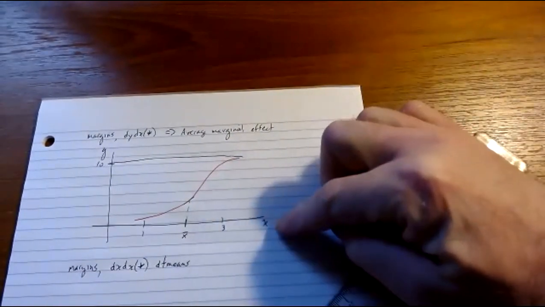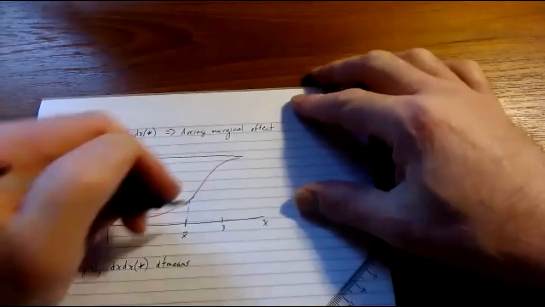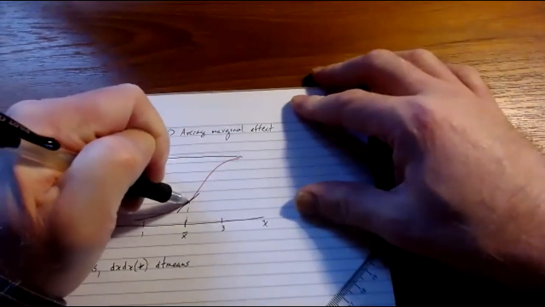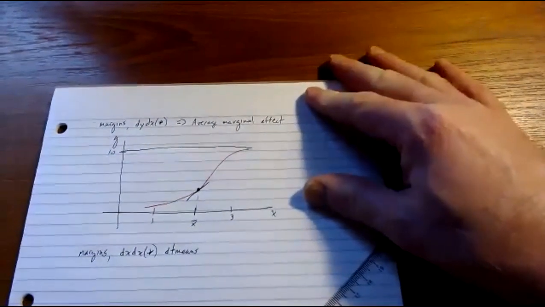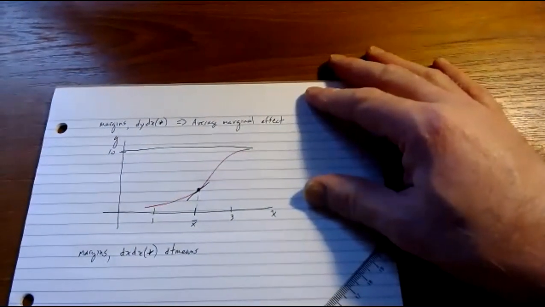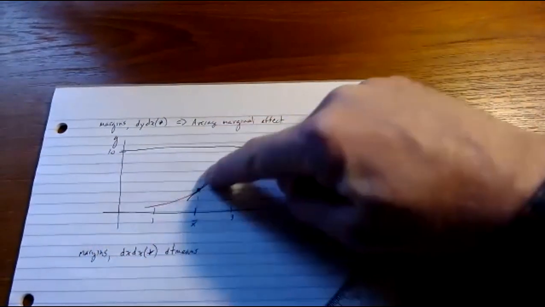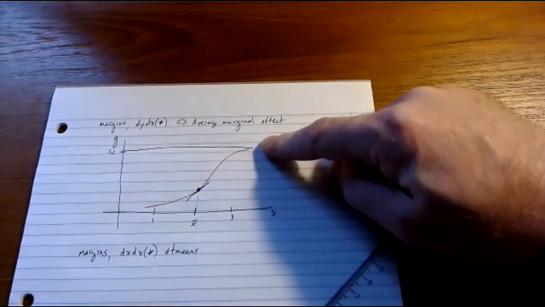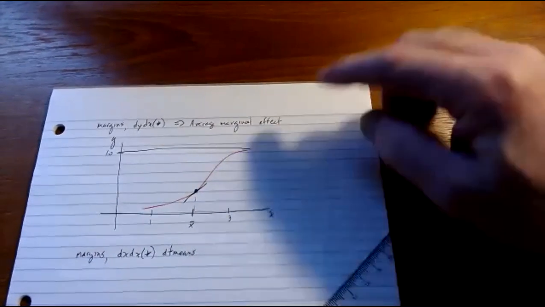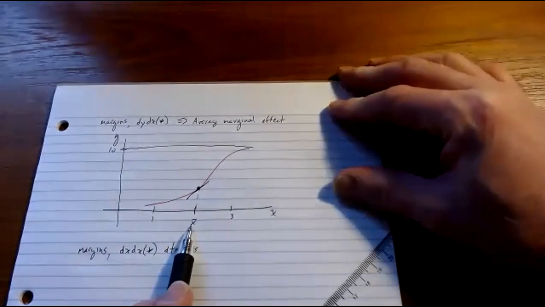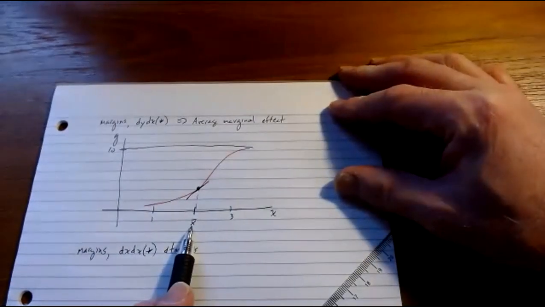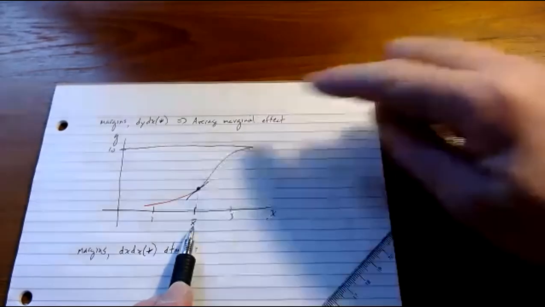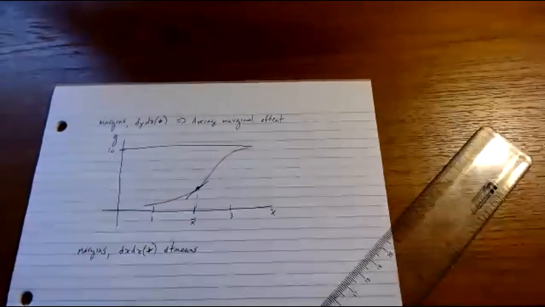In this case, there's just one independent variable, x bar, and I want to know the marginal effect right at this point. So the average marginal effect is over all possible outcomes. This specific marginal effect is only at the mean, only at one spot.